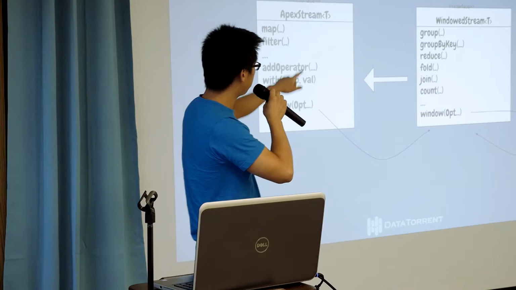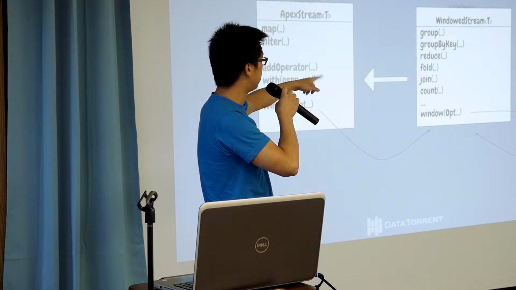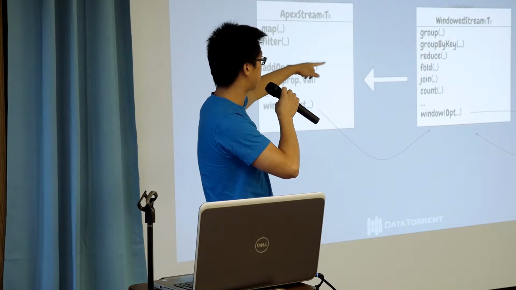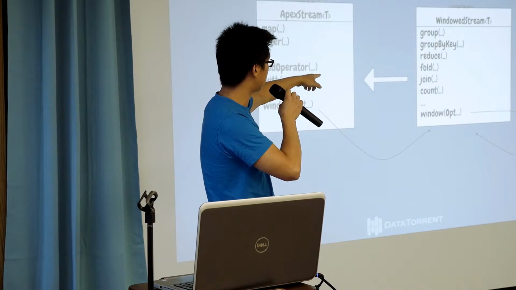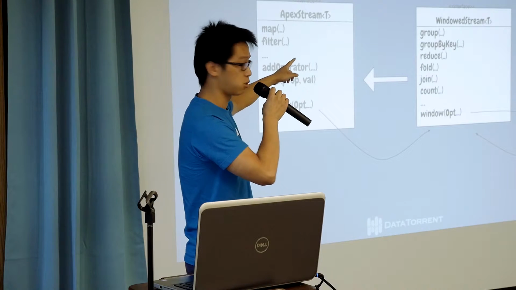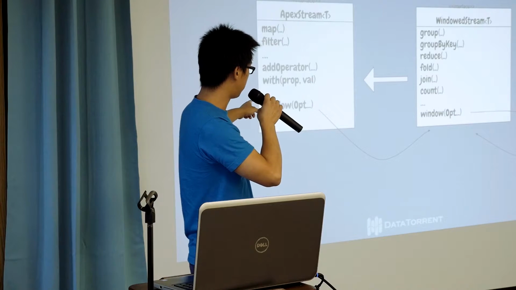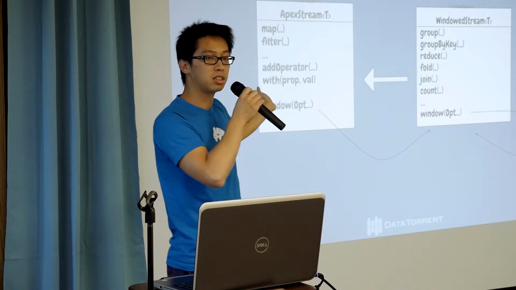Also, all the transformations there will return a new stream of the same type. So the transformation in the Windows stream will return another Windows stream, which carries on the Windows semantic defined previously.